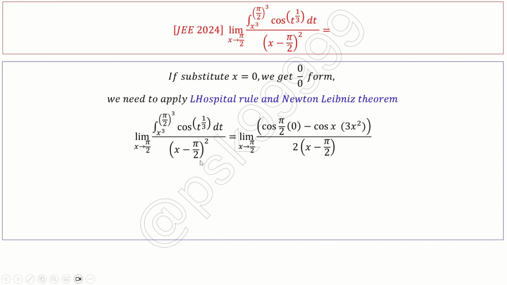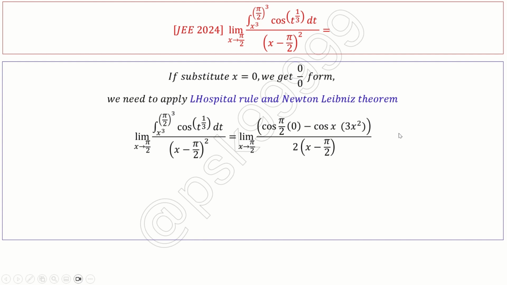The formula is nothing but I have to take this cos t to the power of 1 by 3 and apply the limits. First is cos of pi by 2 into the differentiation of pi by 2, which is 0, so this first term is 0, minus cos of x, where (x cube) whole to the power of 1 by 3 is x, and the differentiation of x cube is 3x square, divided by the denominator's differentiation, which is 2 times (x minus pi by 2).